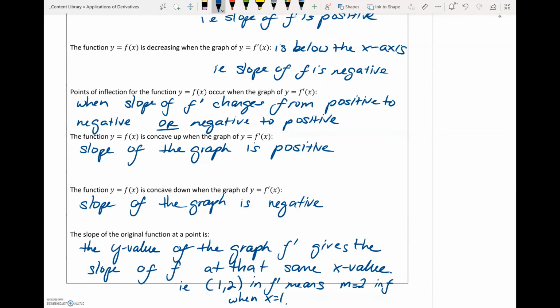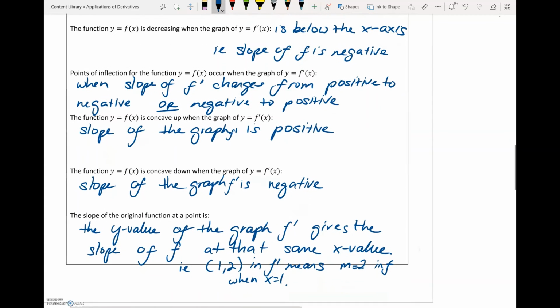And then we know that f is concave up when the slope of the graph of f prime is positive. So you're looking for the slope of f prime to determine concavity. Now, when the slope of the graph of f prime is negative, then you know that's concave down.